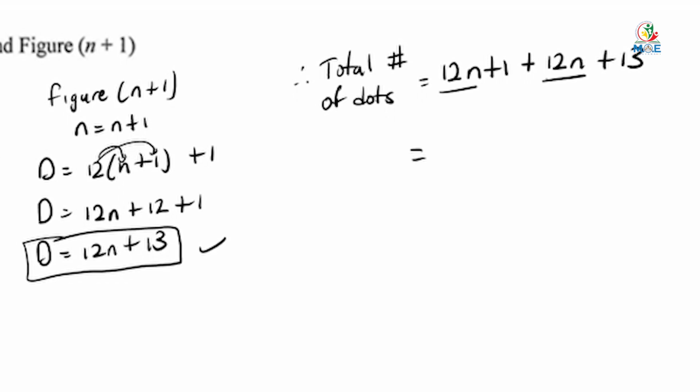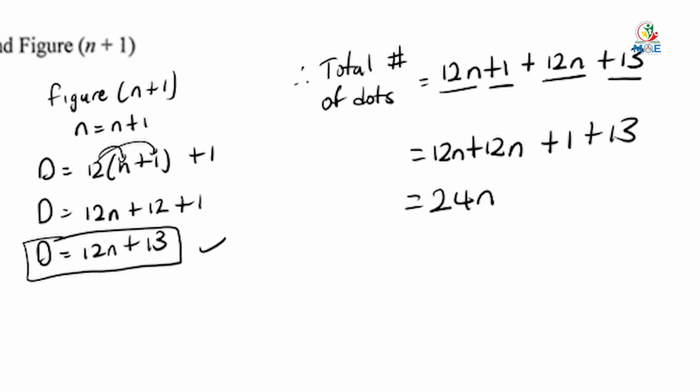We put the 12n and the 12n together, and then we put the numbers together. So 12n plus 12n will be 24n, and 1 plus 13 will be 14. Therefore, the total number of dots when we add figure n and figure n plus 1 would be 24n plus 14. And that is how we get our 2 marks.